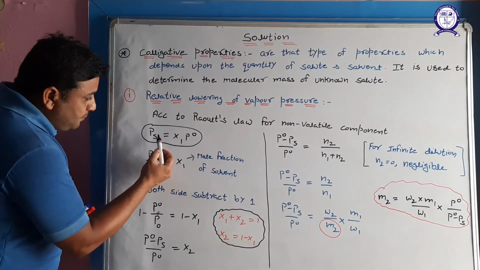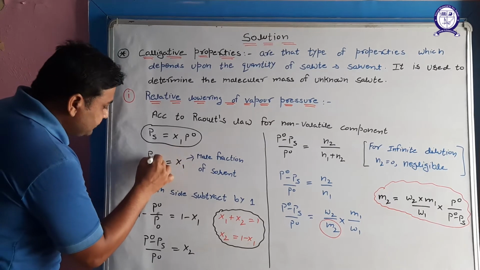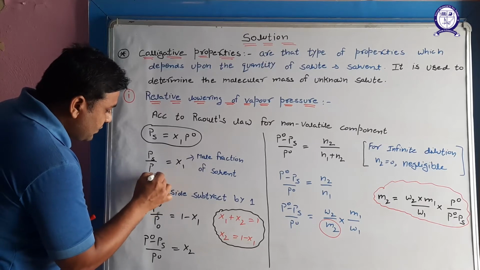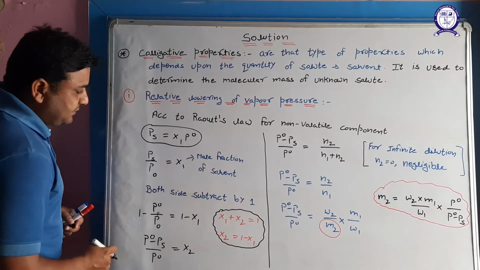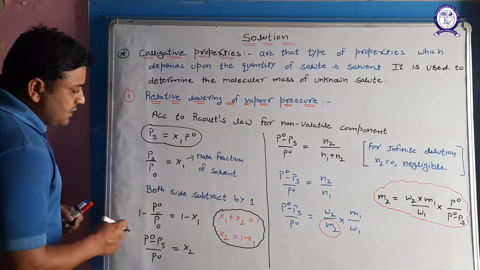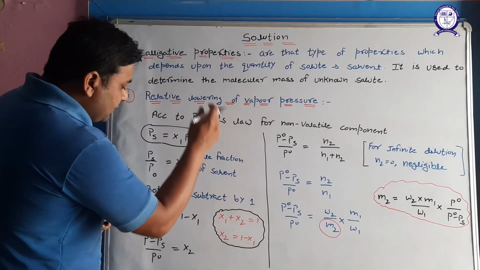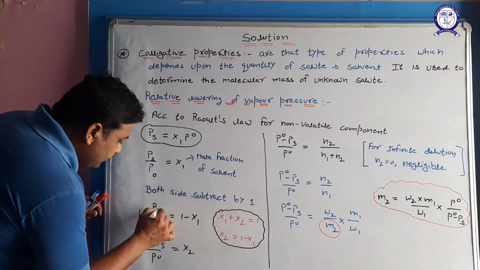Cross multiply: PS by P naught is equal to x1, where x1 is the mole fraction of the solvent.